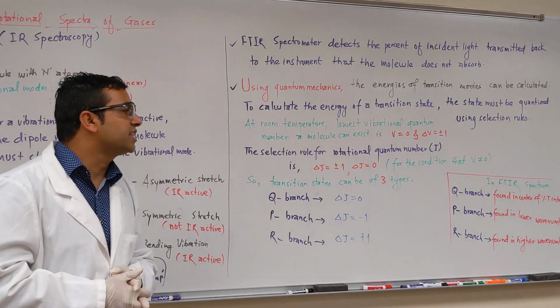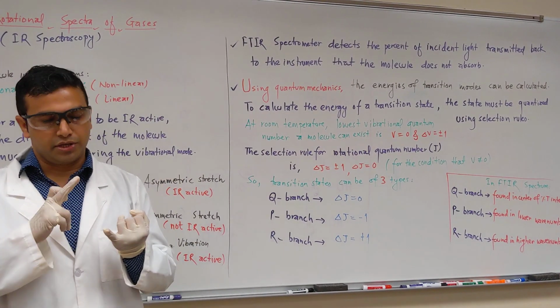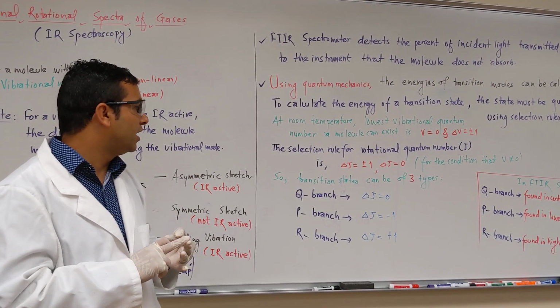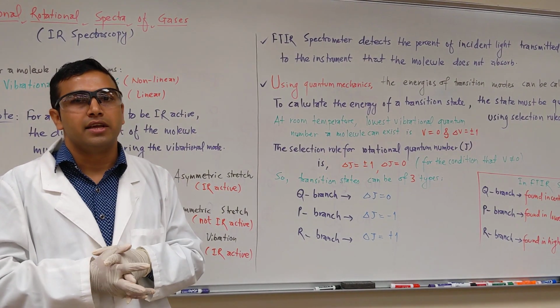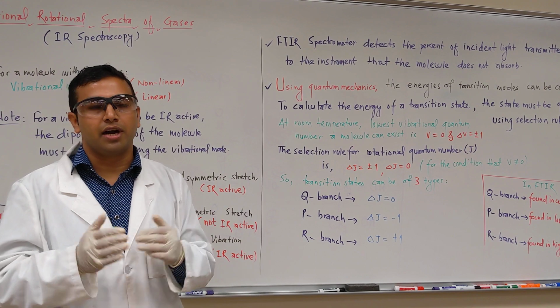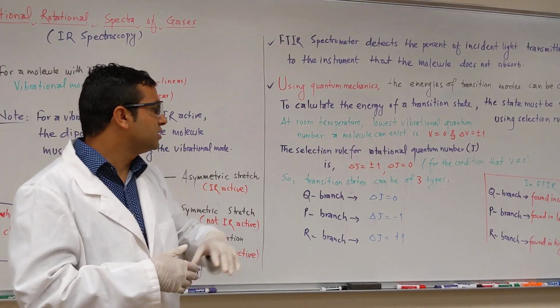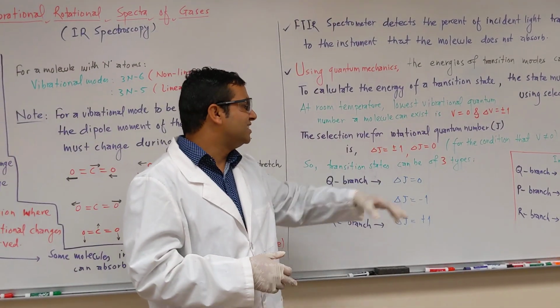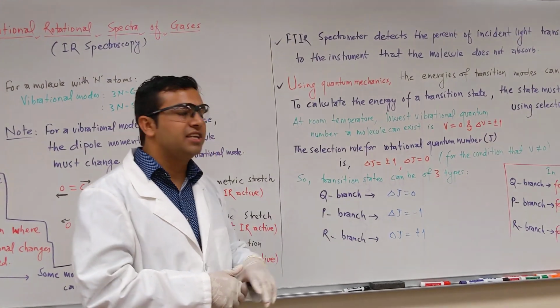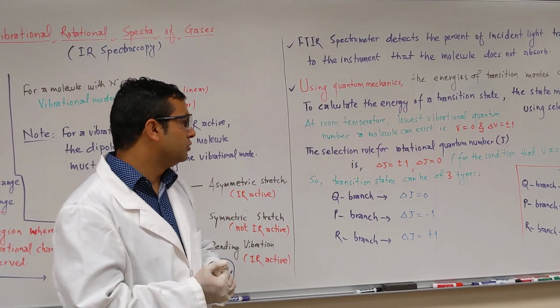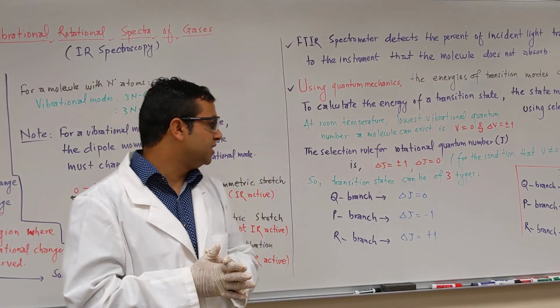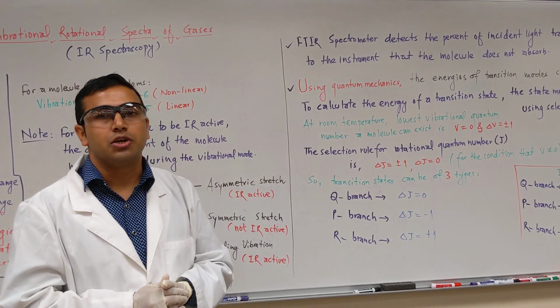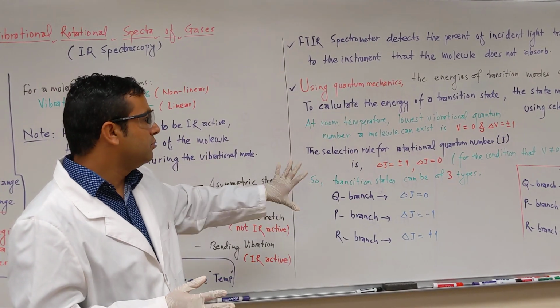Transition states can be of three types: Q, P, and R. They are called the branches, right? The Q branch is when delta J is equal to 0. The P branch is when delta J is equal to minus 1, and the R branch is when delta J is equal to plus 1, right? So this is about quantum mechanics.